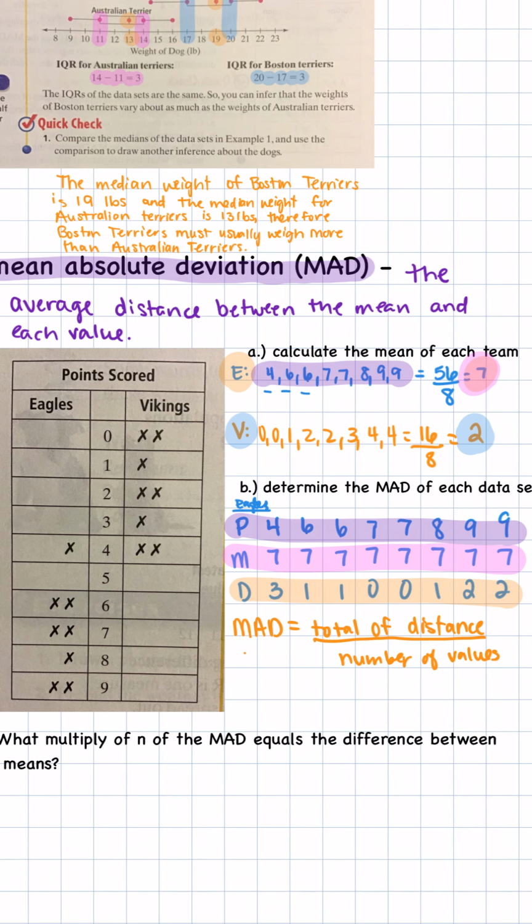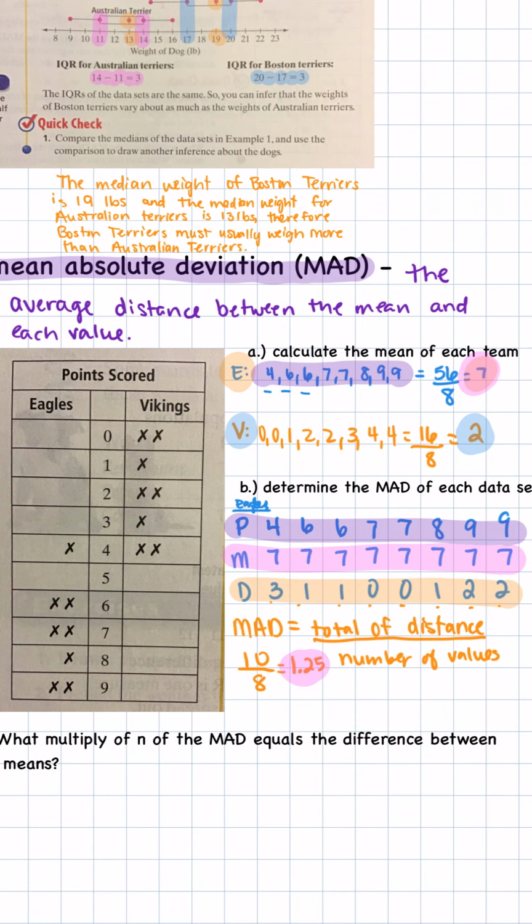So 10 divided by, and there's 1, 2, 3, 4, 5, 6, 7, 8. There's 8 values. So when we divide, 8 goes into 10. If I divide that out, it equals 1.25. So the MAD for the Eagles is 1.25.